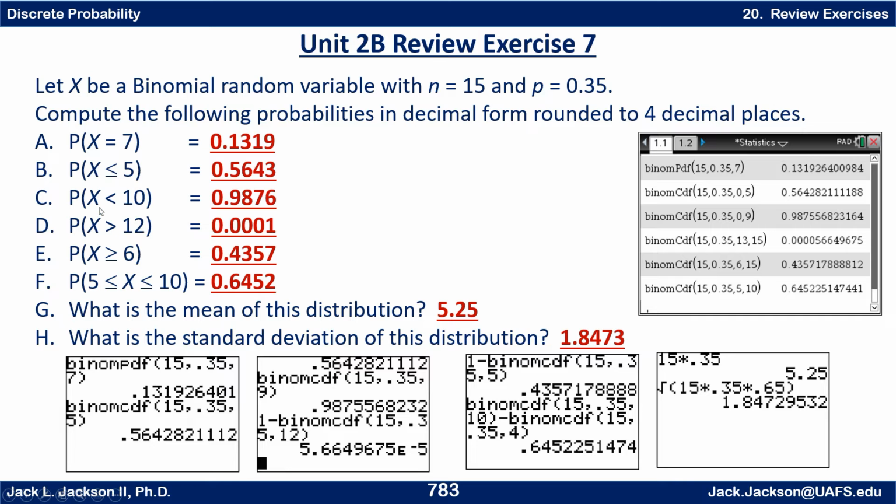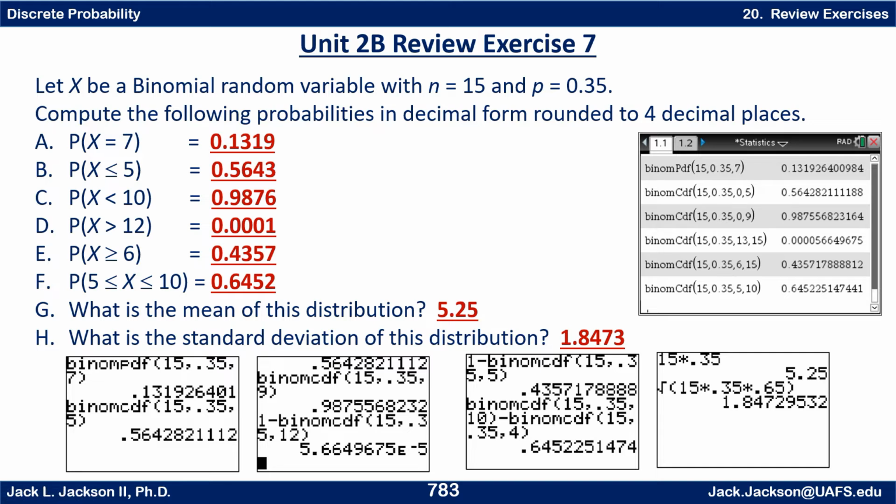Okay. The next one's also a CDF, the probability that x is less than 10. Since there's nothing between 9 and 10 that gives us any probability, this is really the probability that x is less than or equal to 9. So it's binomCDF 15, 0.35, and 9. By the way, you get binomCDF by pushing distributions, which is second VARS.